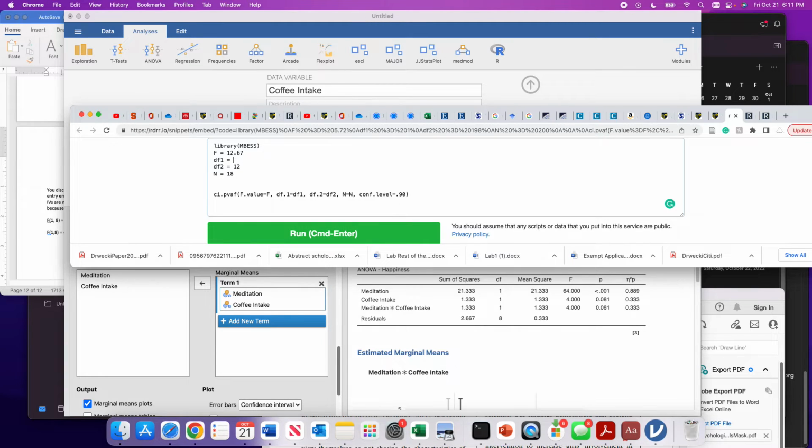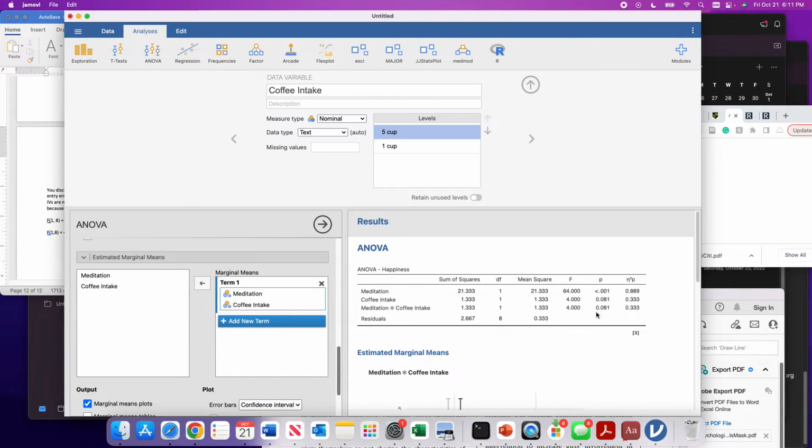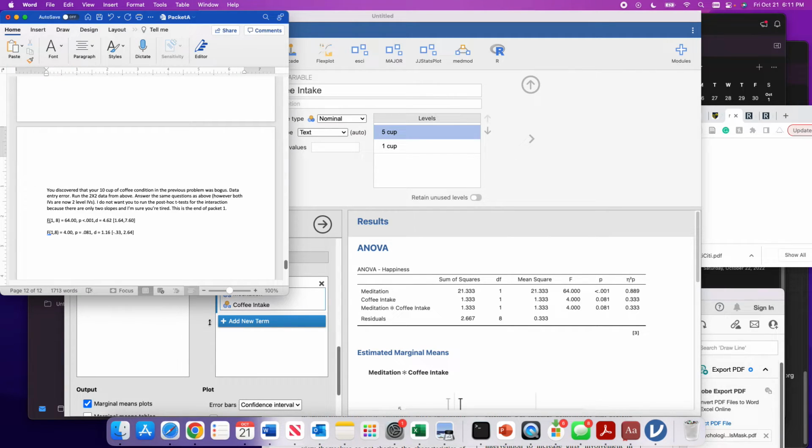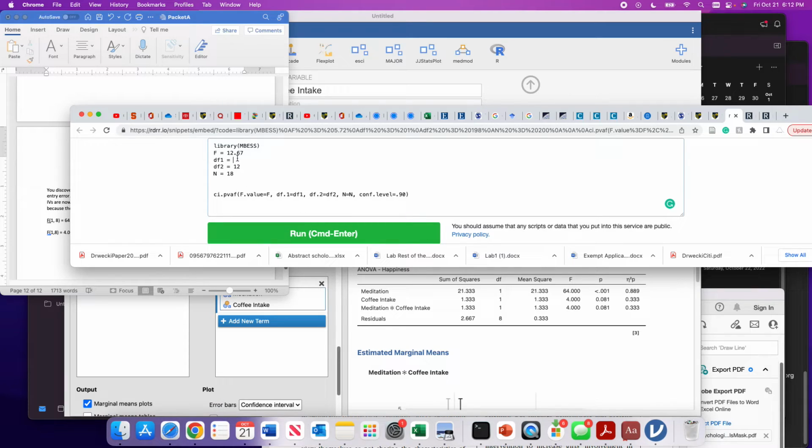The degrees of freedom for my interaction term is 1. My degrees of freedom error for my residual term is 8. One, 8. 12 participants. Run my command, get my results here. I'll make it a little bit bigger so we can see.